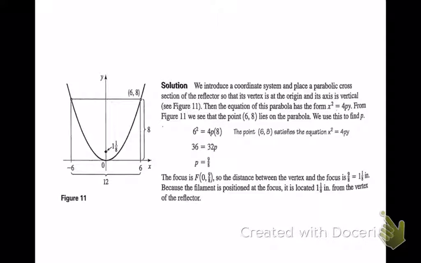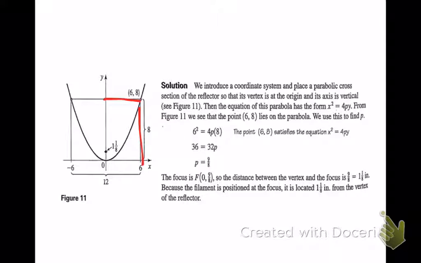We don't know where the focus is, but we know some values for x and y. X is 6, y is 8, so I can plug those in to find p. 6 squared equals 4p times 8. I solve it out and I get p equals 9/8, or 1 and 1/8.